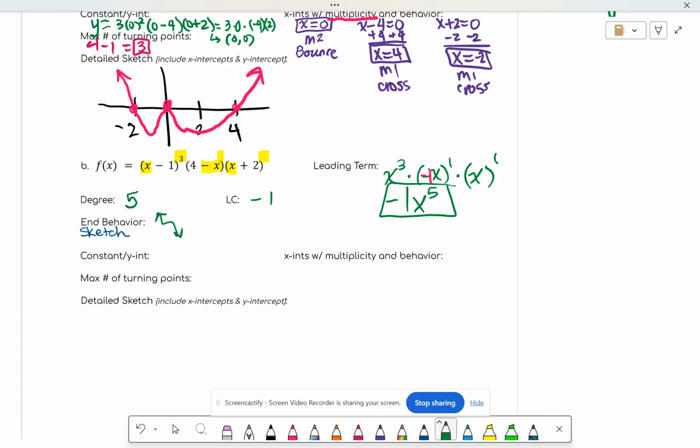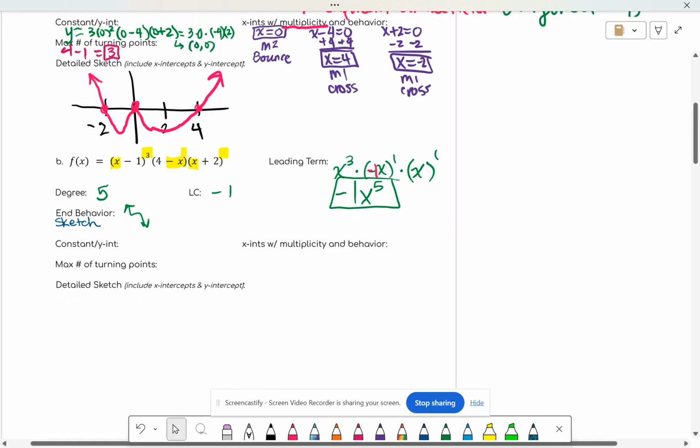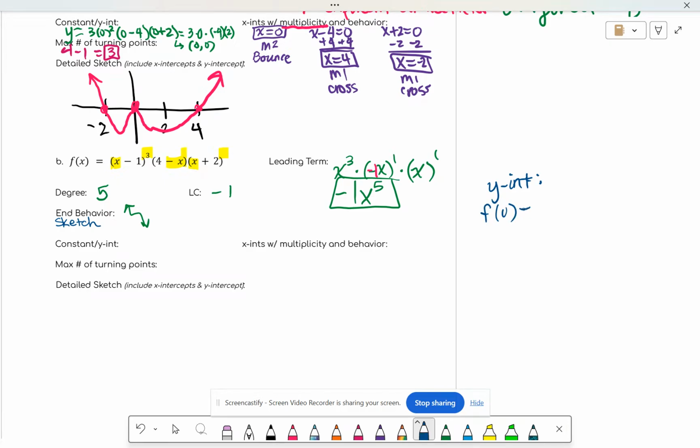We will see. So for the constant or y-intercept, once again, I'm going to put 0 in for x, just like I did above. I really don't have room to do that here, so I'm just going to do it over here to the side. I put 0 in for x, so I have 0 minus 1 cubed, and 4 minus 0, and 0 plus 2, and of course I am multiplying all of those numbers.